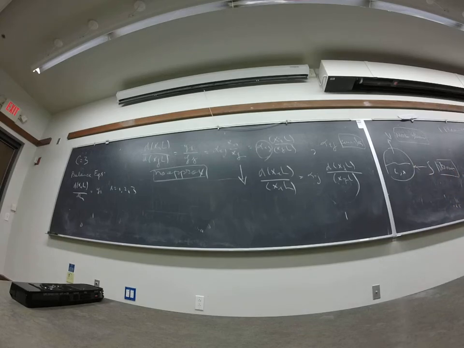I learned that the log of xil over xil at time 0 equals alpha ij times the log of xjl over xjl at 0.